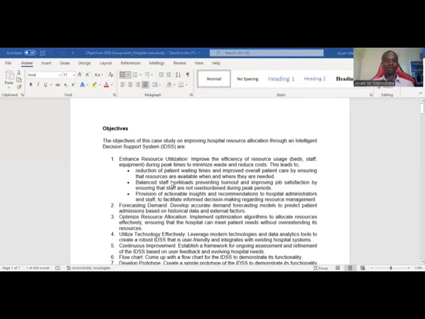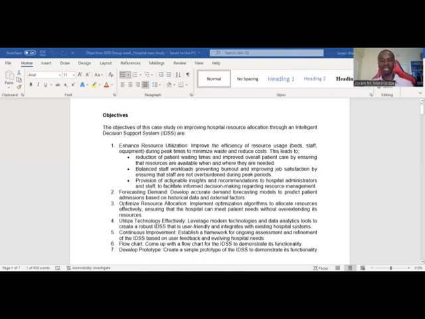All right. So the number one objective that we have with regards to the system, in terms of how to implement intelligent decision support systems that improve hospital resource allocation, is enhancing resource utilization.